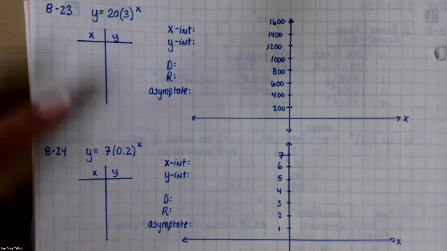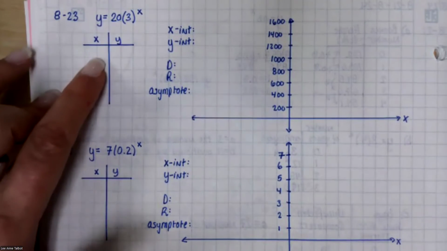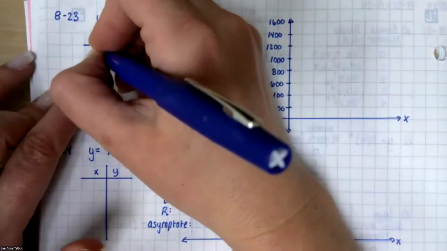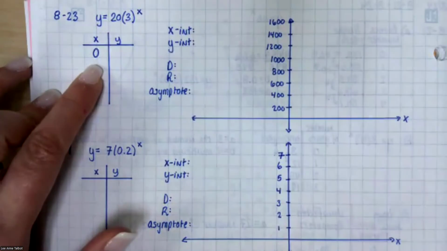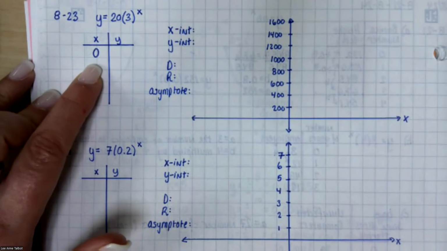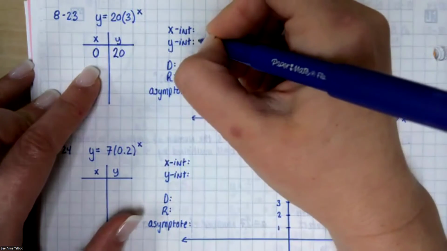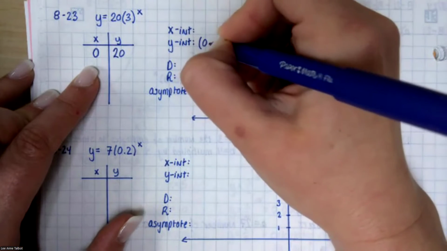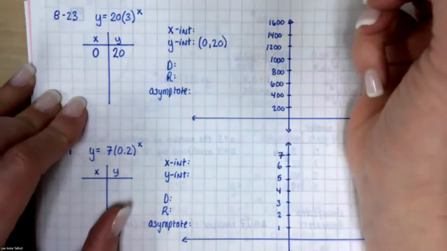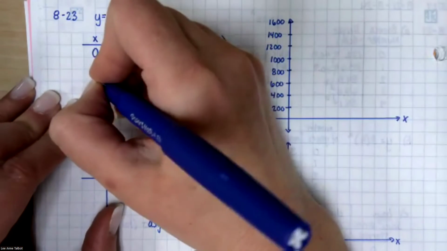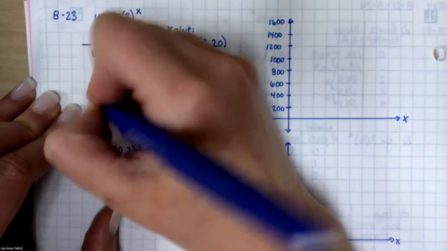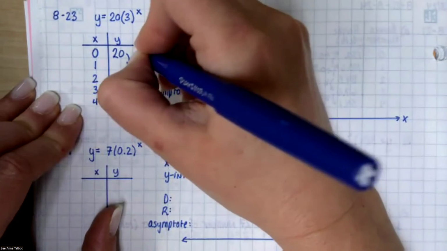Anyway, okay, number 23. What is the start? Which one of these numbers is the start? 20. Beautiful. And that is also our y-intercept. Our multiplier is 3.